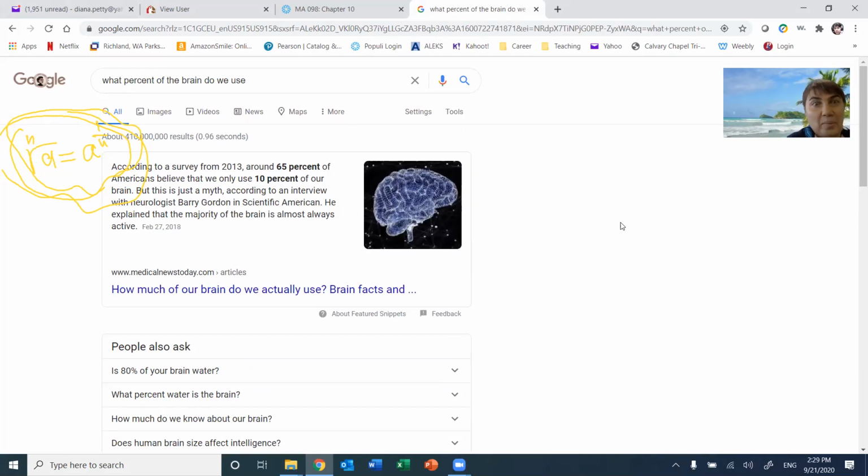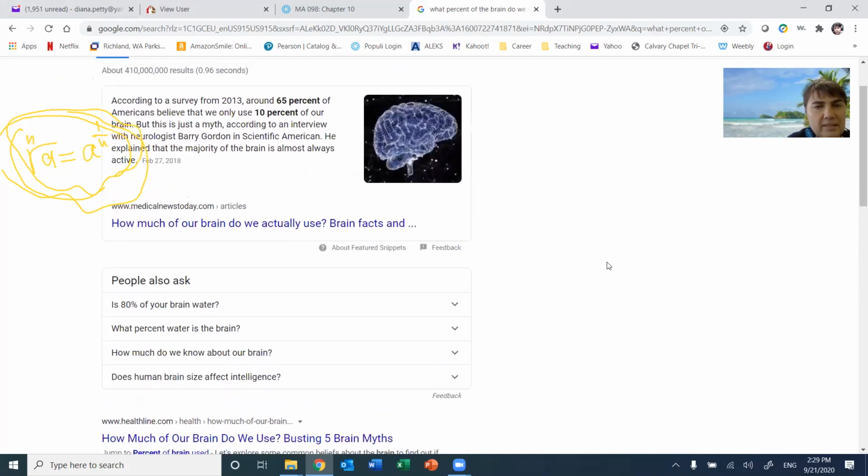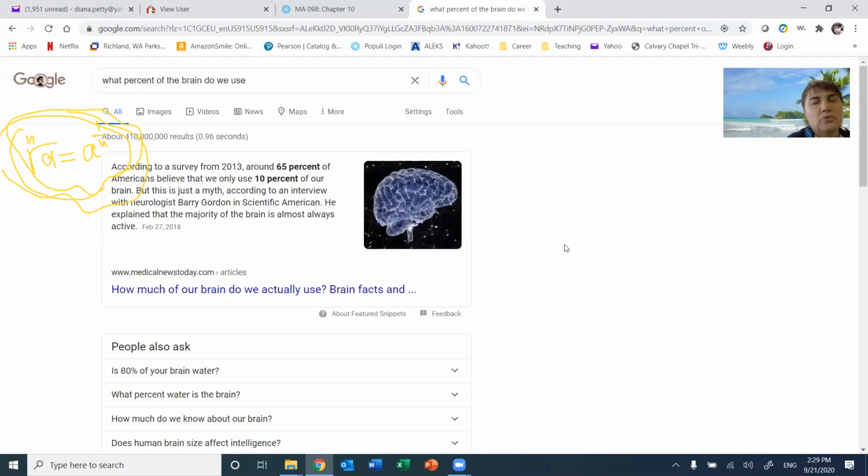What percent? They're saying that usually you use different parts of the brain for different things. But there are so many connections, so many neurons and combinations in your brain that there's infinite possibility of what you can do. So definitely the brain power is there.